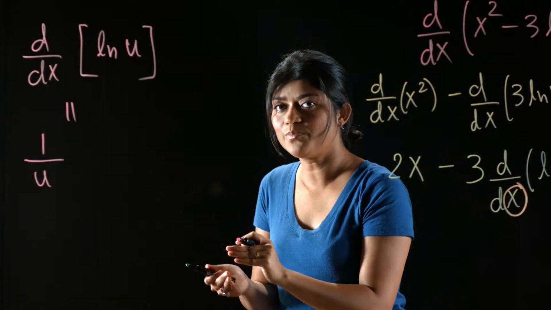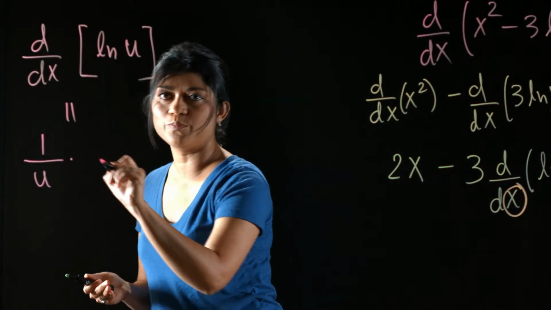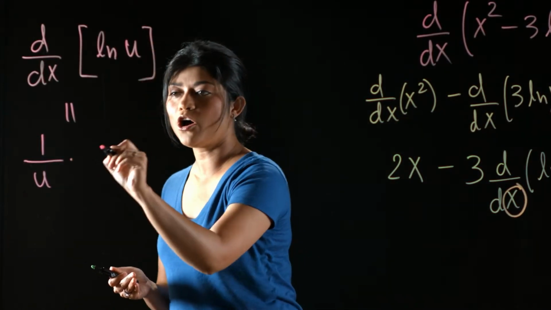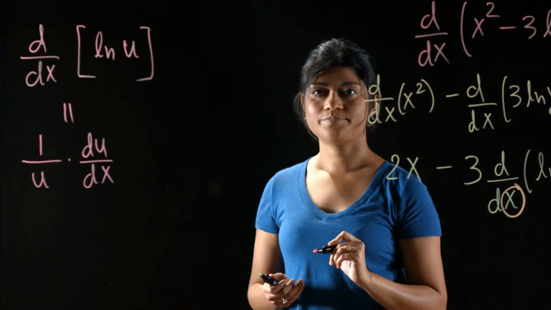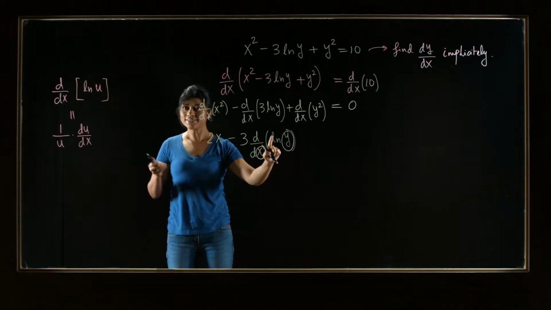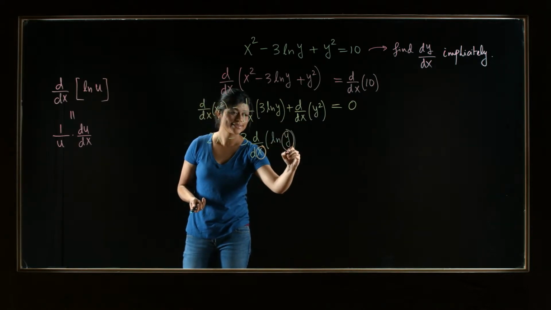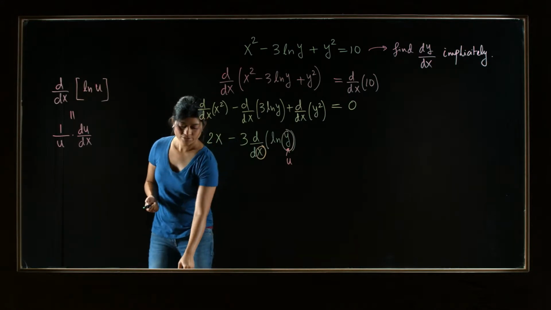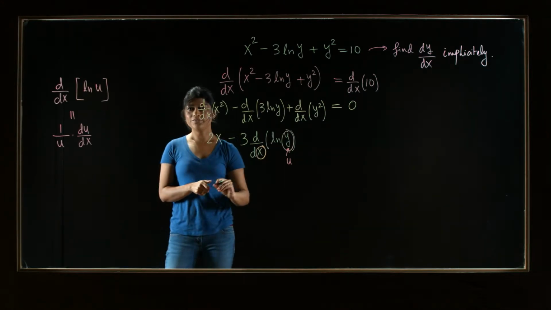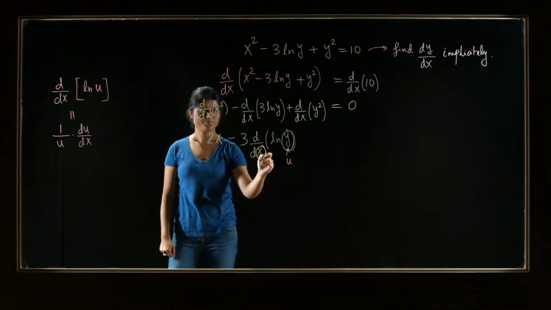But then you can't stop there. You have to also multiply it with the derivative of u. So you have to have du dx. Now in this case, consider this y is like a u. So how do we evaluate that derivative then?